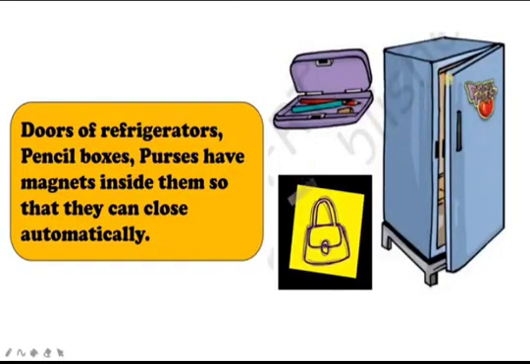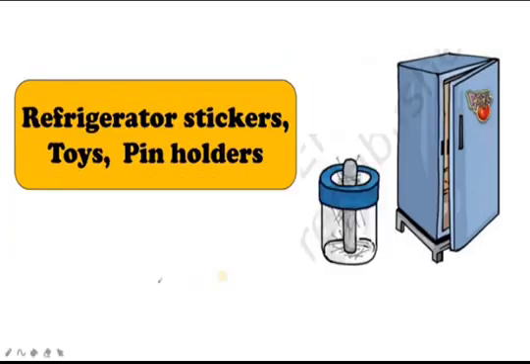Now, the doors of refrigerators, pencil boxes, and purses have magnets inside them so that they can close automatically. The pouch, the box, the refrigerator's door: at the side of the door you can see it. Did you ever see that? When you open the fridge, you can see that the door closes automatically because of the magnet present. Also the lady's bag, refrigerator stickers, toys, pin holders.